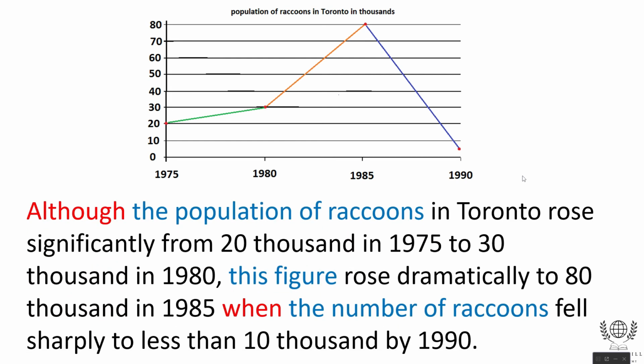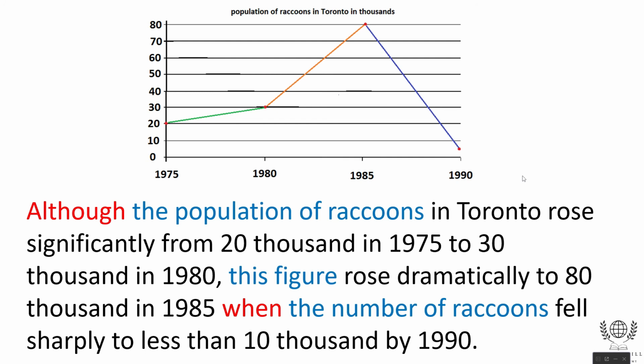Okay? It's also important to remember that with the first use of although, we have to clearly articulate the subject of the sentence, but because the subject of the sentence, the population of raccoons in Toronto, was mentioned in the first phrase, it's totally okay for us to use this figure or this number to indicate that this is the same subject that we were talking about before.